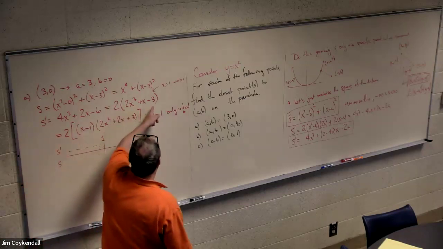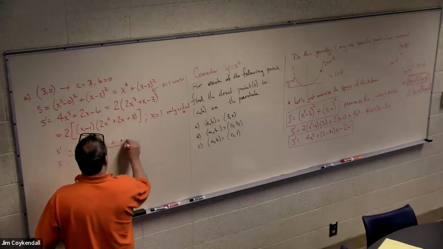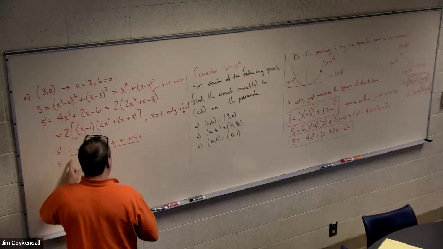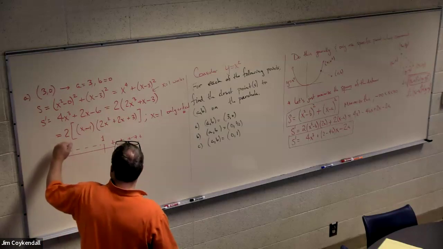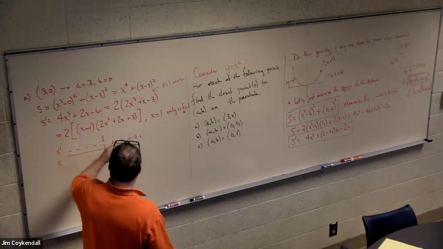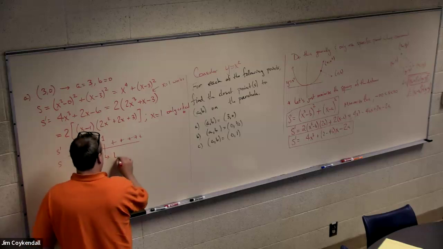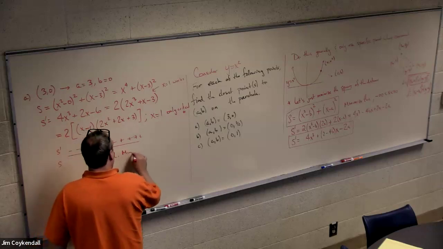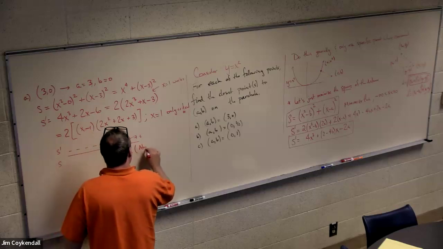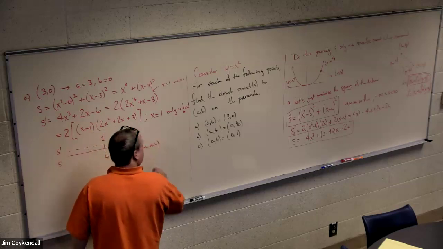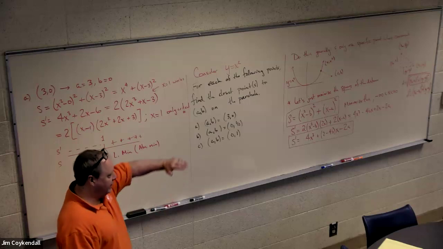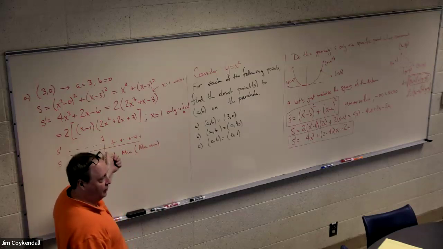And if you're to the right of 1, something huge, you're positive. So what happens? Go down, go up. This is a local min, and it's also an absolute min, because you go down and hit it, and then you go up forever. So this is as close as it gets.